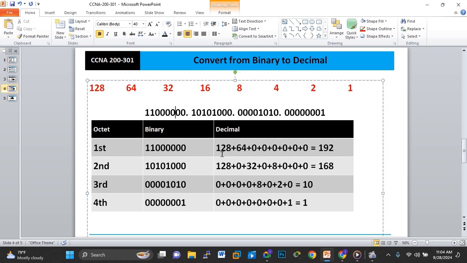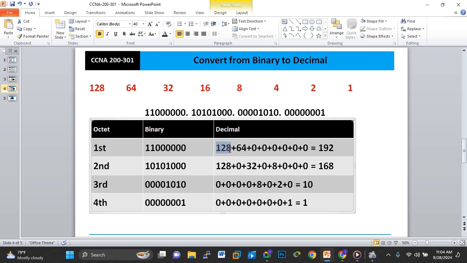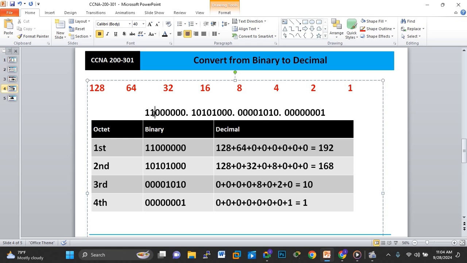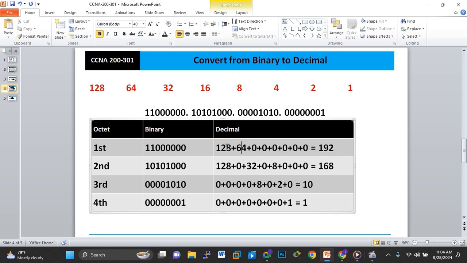So here on the decimal aspect, this one represents what? This one represents the 128. You can see it here in decimal form, 128. And this other one, you place it under the 64. You see it, this is 64.